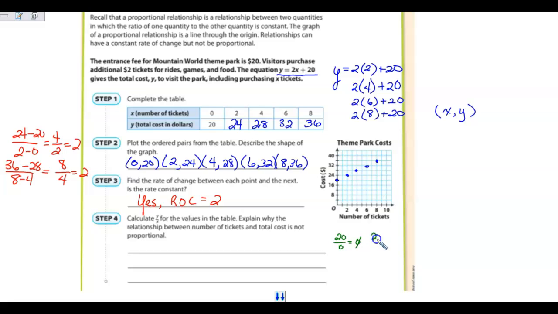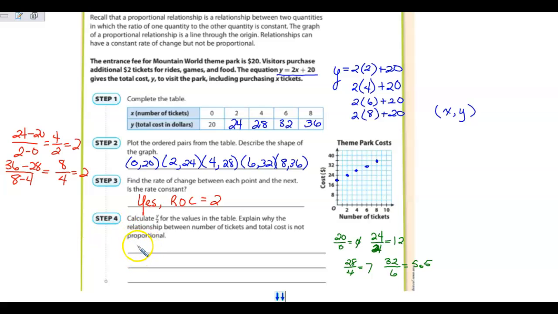Then I have 24 divided by 2, sorry, get the right one here. That's 12. And if I take 28 divided by 4, I get 7. And if I take 32 divided by 6, I get 5.5. So see how these constants just are not working, are they? That's because it's not proportional.